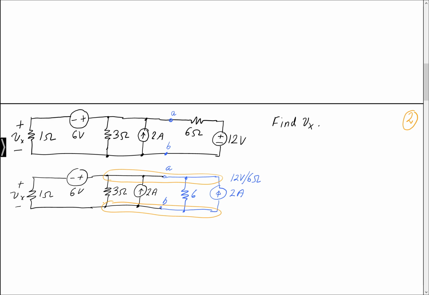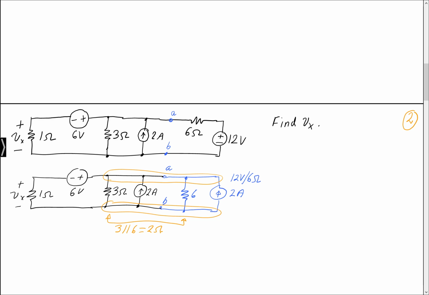Of course, I can't combine a 2 amp source in parallel with 6 ohms necessarily, but I can take the 3 ohm and the 6 ohm. In parallel, I'll have 2 ohms. Furthermore, both of those 2 amp sources are pushing current from node B on the bottom to node A on the top.